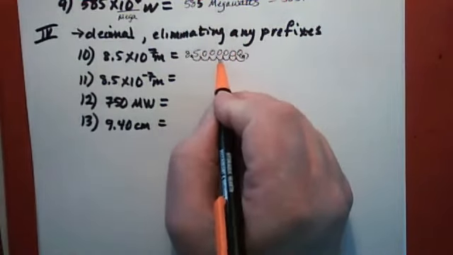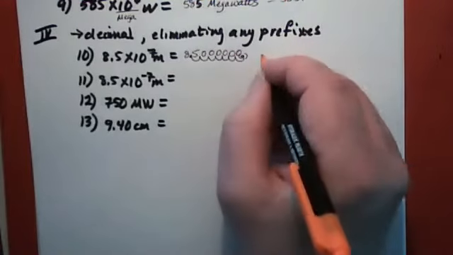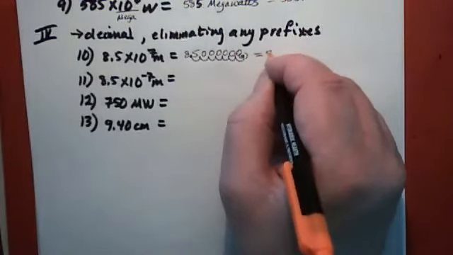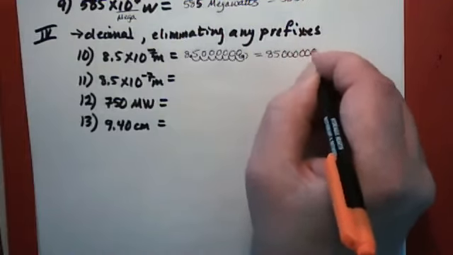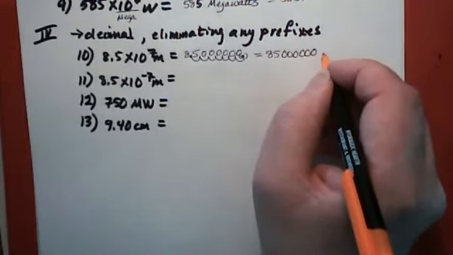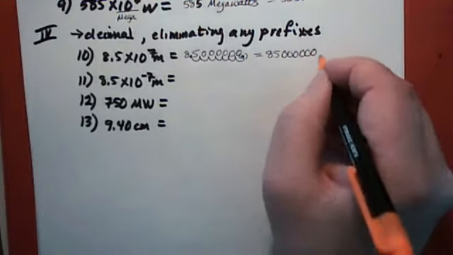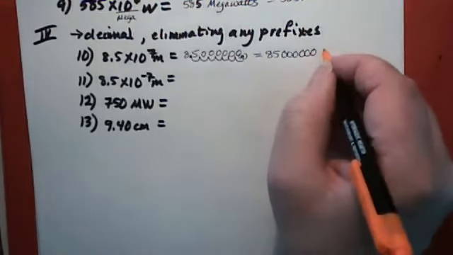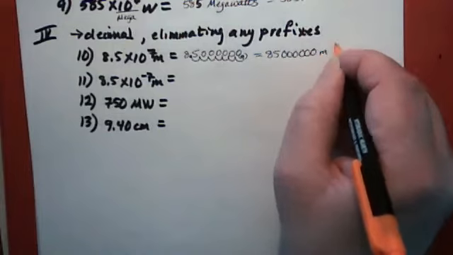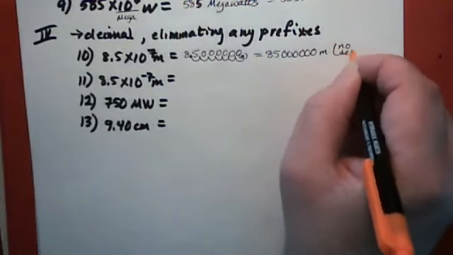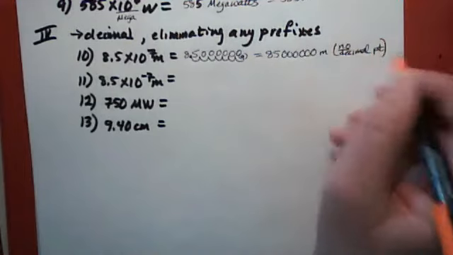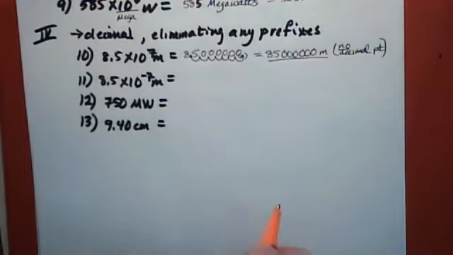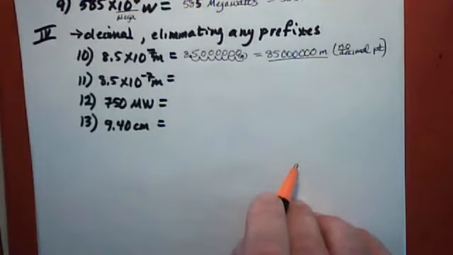That's 1, 2, 3, 4, 5, 6 zeros. And that means 8, 5, 0, 0, 0, 0, 0, 0. And that's it, no decimal point. So basically it's 85 million, 8.5 times 10 to the 7th.